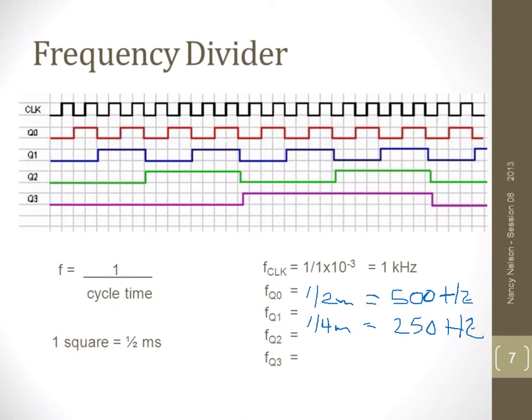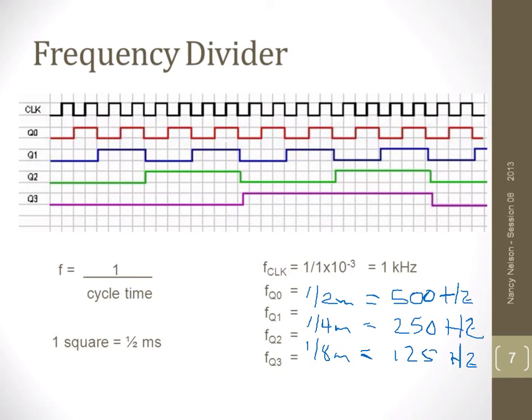For Q2, we have 16 squares. 16 times half a millisecond each gives us 8 milliseconds for a cycle time. 1 over 8 milliseconds gives us 125 hertz.